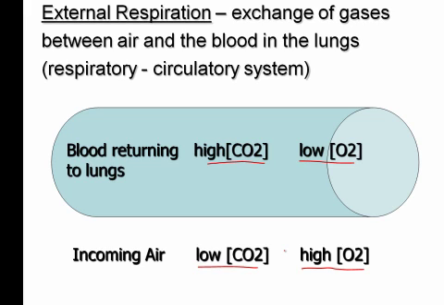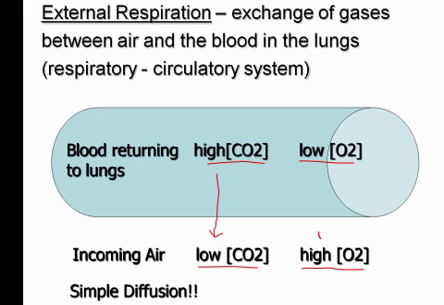And so if you look at the concentrations of carbon dioxide and oxygen, we have a concentration gradient for both gases. And so carbon dioxide is going to move down its concentration gradient by simple diffusion. So CO2 leaves the blood. It's going to diffuse across that respiratory membrane into the alveoli.